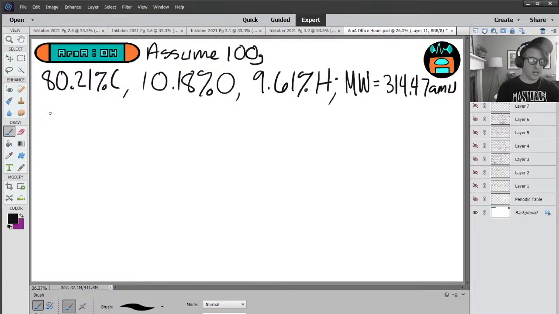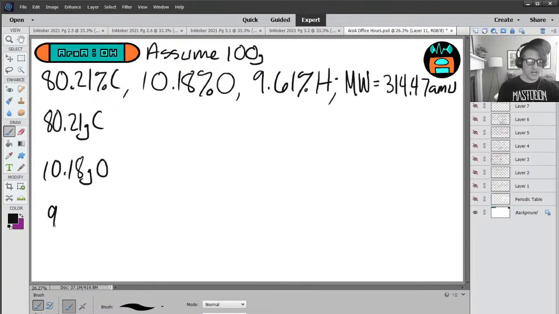If we have 100 grams, that means we'll have 80.21 grams of carbon, 10.18 grams of oxygen, and 9.61 grams of hydrogen. Now we need to convert each of these mass quantities to molar quantities if we're going to find our empirical formula.